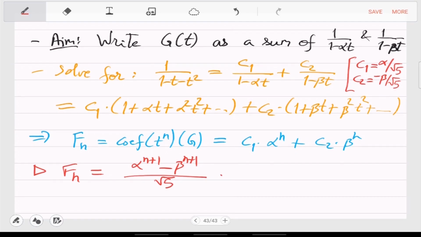Okay, this is true for all n. So in some weird way, you now have computed the function Fn, right? You have complete understanding because alpha, beta are these real numbers, (1 plus minus root 5) by 2. And then you just have to exponentiate them n plus 1 times. Take the difference and divide by square root 5.